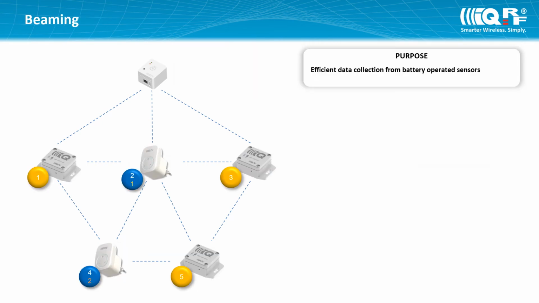As I already mentioned, the IQRF offers a special communication type for battery-operated devices which are sleeping all the time. In this picture, you can see 3 yellow, not discovered sleeping sensors and 2 blue repeaters with the aggregating functionality.